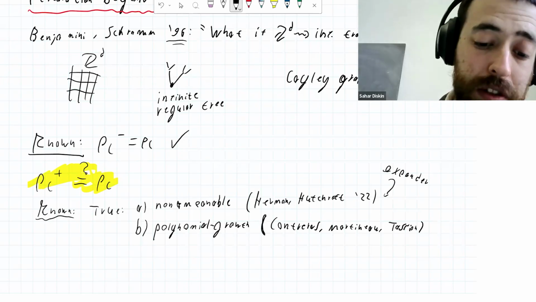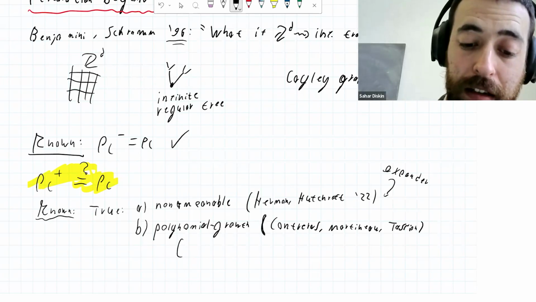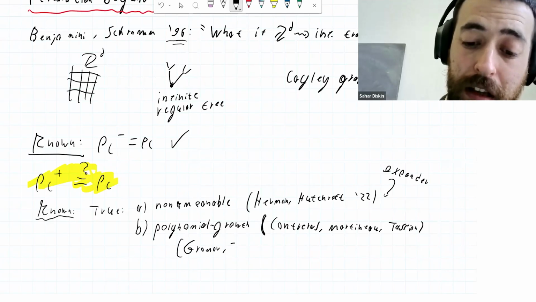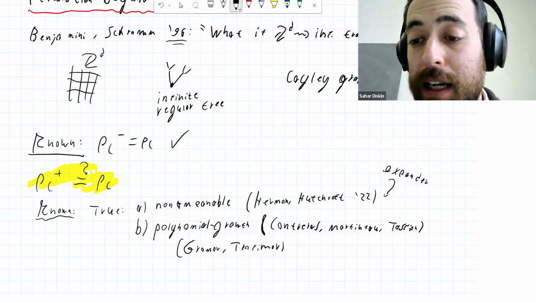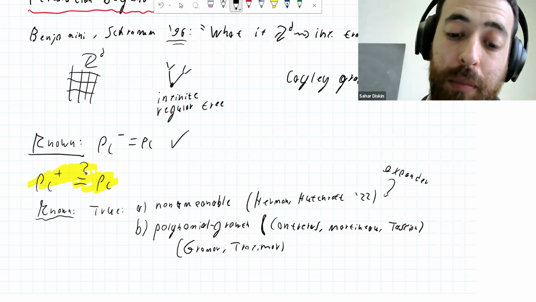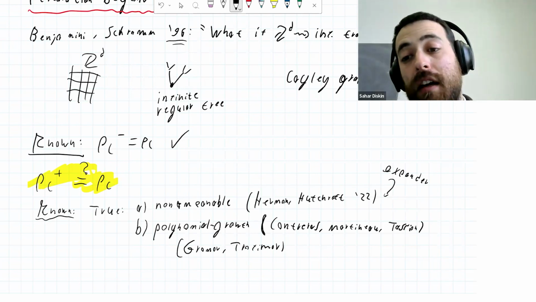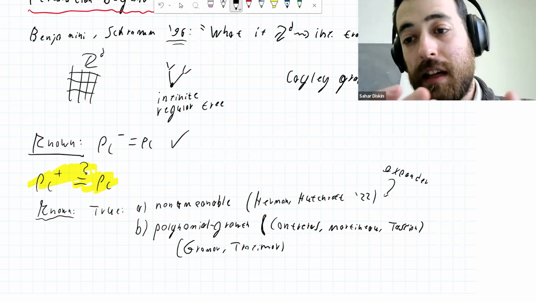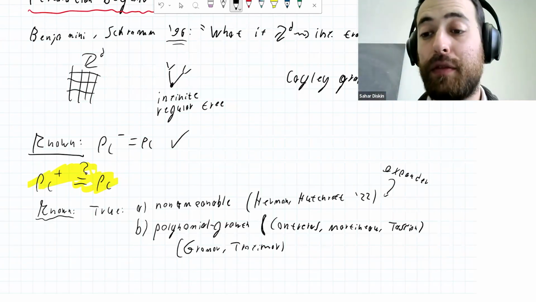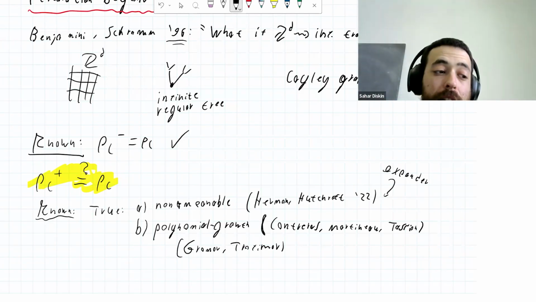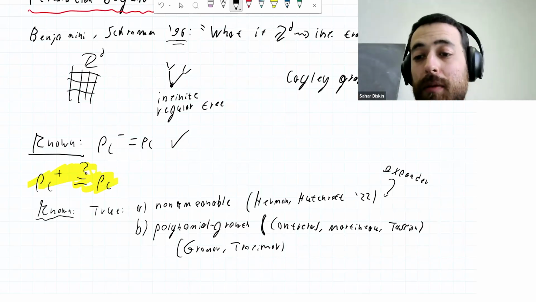Here what they use is very important works of Gromov and Trofimov, which essentially tells you that while polynomial growth graphs are not Z^d, they're not a lattice where you can just use full self-symmetry, they are quasi-isometric to such a graph.